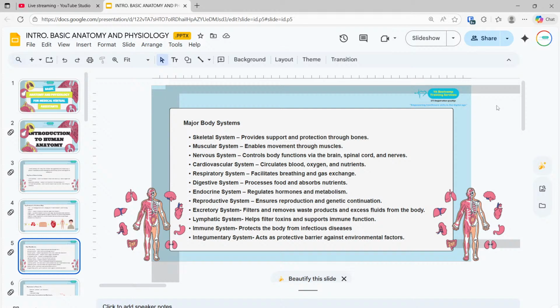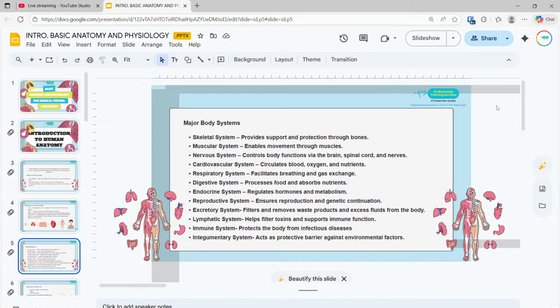All right, so for the major body systems, we have the skeletal system. It provides support and protection through bones. Muscular system enables movement through muscles. Nervous system controls body functions via the brain, spinal cord, and nerves. Cardiovascular system circulates blood, oxygen, and nutrients. Respiratory system facilitates breathing and gas exchange. Digestive system processes food and absorbs nutrients.